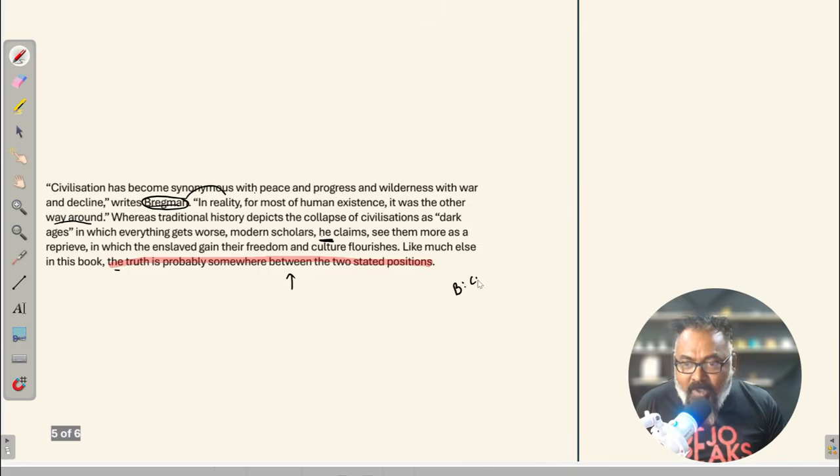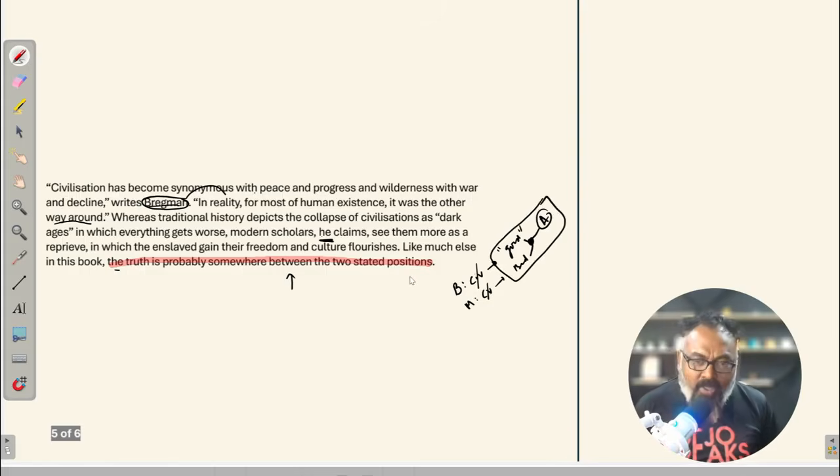Bregman views civilization collapse as somewhat good. Modern scholars view civilization collapse as bad. The author is saying it is in the middle, neither this nor that. It's somewhere between the two stated positions. That's enough of a doodle. The author is getting involved here.